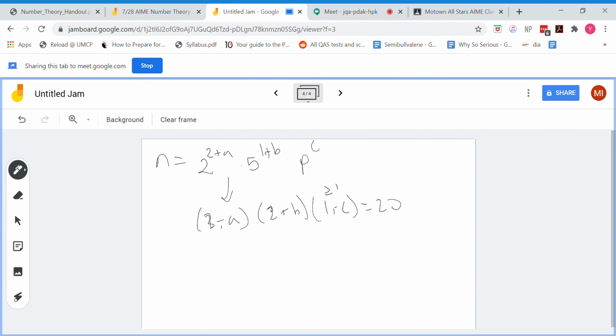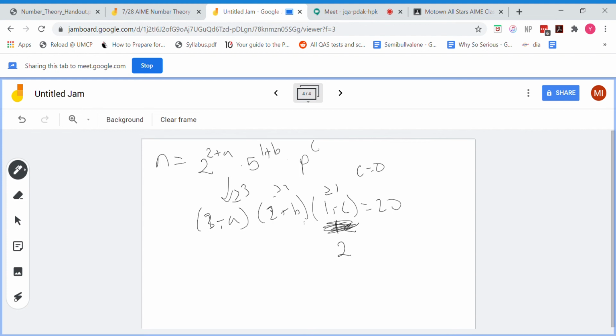And this is at least 3, this is at least 2, so their product is at least 6. So that means 1 plus c can't be greater than 3. It can't be 4 or anything more. So 1 plus c is at most 3. So the only possibilities are that this is equal to 1 or 2. But if this is equal to 1, then c equals 0, and we already counted that case.